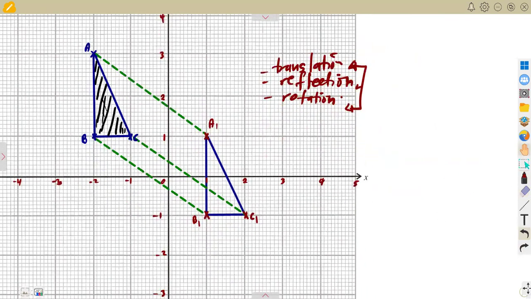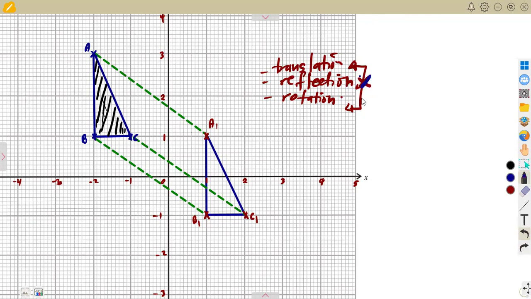Guys, let's conclude. We joined A to A1, B to B1, C to C1. We produced parallel lines that are of equal length. That is where we conclude to say it cannot be a reflection. We're going to talk about reflection.